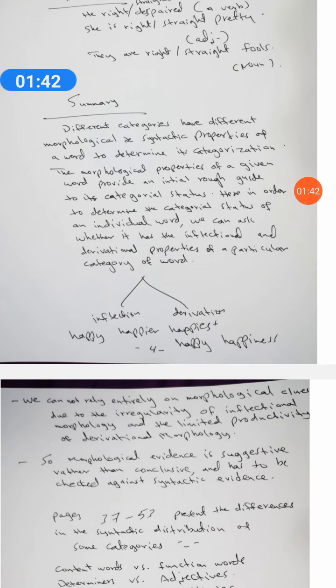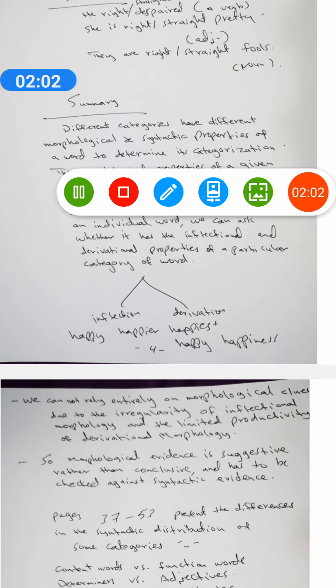Usually, as we have seen, and as everybody knows in morphology, in order to identify the morphological features of a certain word or a certain category, we have to depend on inflection and derivation.